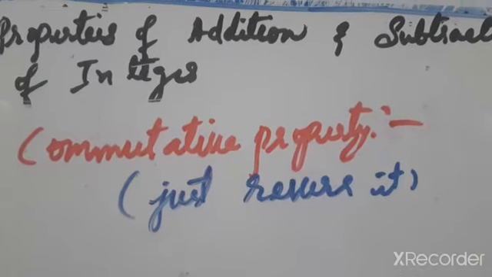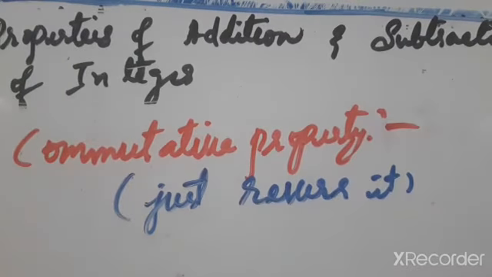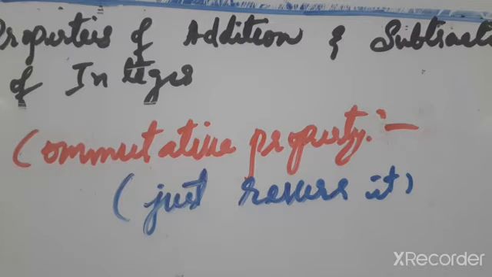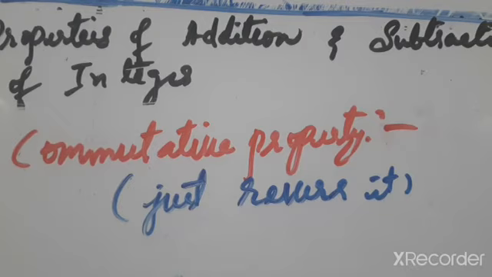Now the next property, the third one, is the commutative property. This is a very important property, children. Commutative property, associative property, and distributive property: you have these in 8th standard, 9th, and even 10th also. Commutative property means in an equation, we just have to reverse it. If letters or numbers are given, we just reverse them.